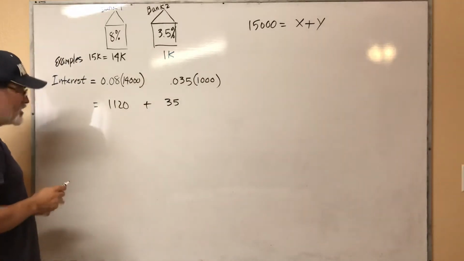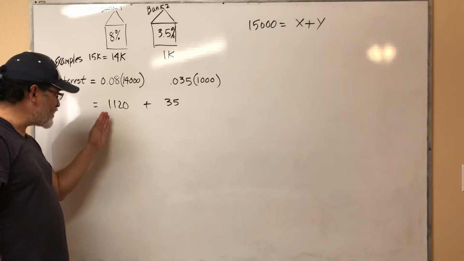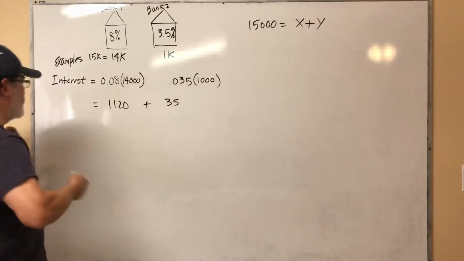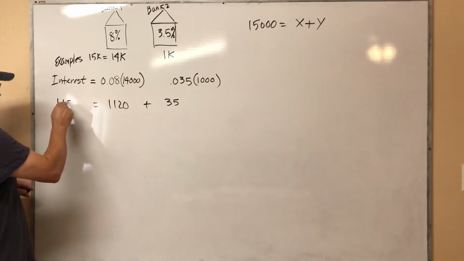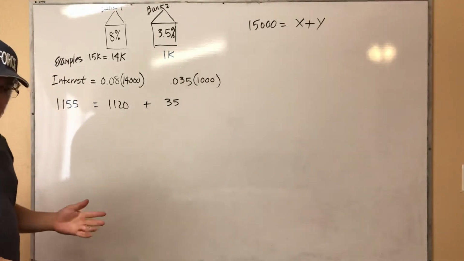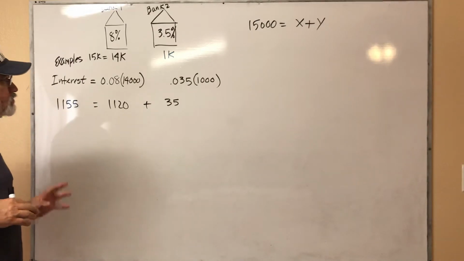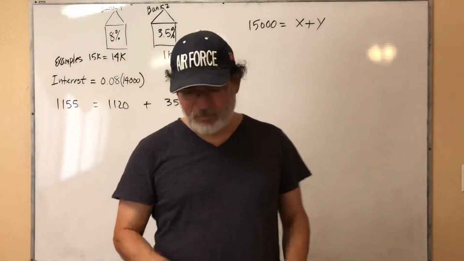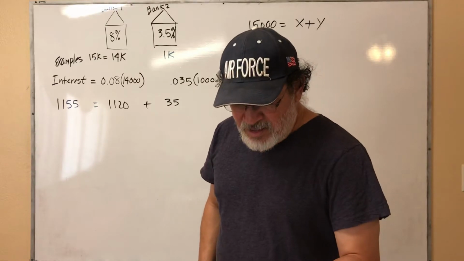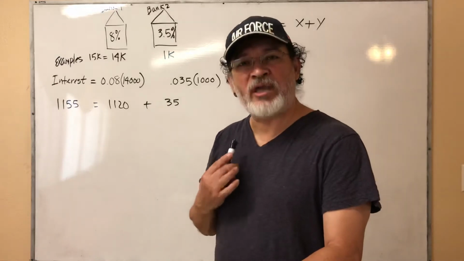And the total interest from bank 1 and bank 2 is 1,155 from both accounts. Okay? All right, so we know how to get the interest now. But they say if the annual interest earned from the two accounts is $840.